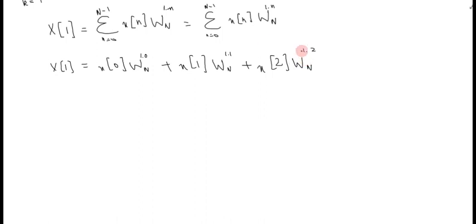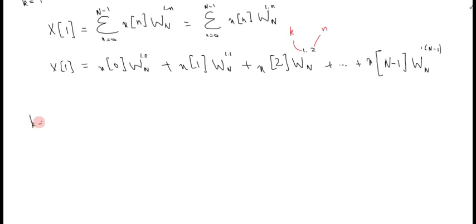Here this 1 is representing k and this 2 is representing n, plus so on to x of N minus 1 W N raised to power 1 into N minus 1. This is the limit of this summation, N minus 1.